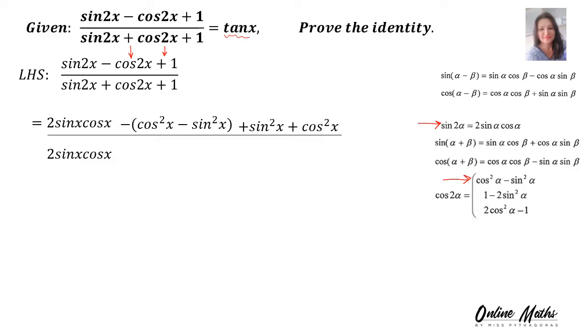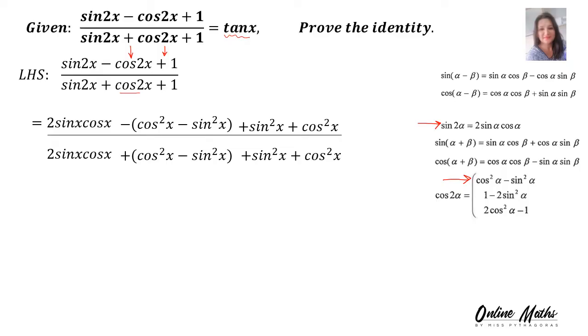And then again, there's a cos 2x, so that's the double angle for cos, and let's go for the one that contains the cos and the sin. Plus, in a bracket, cos squared x minus sin squared x for the double angle there, and in the place of plus 1, I'm going to write sin squared x plus cos squared x, the squares identity.